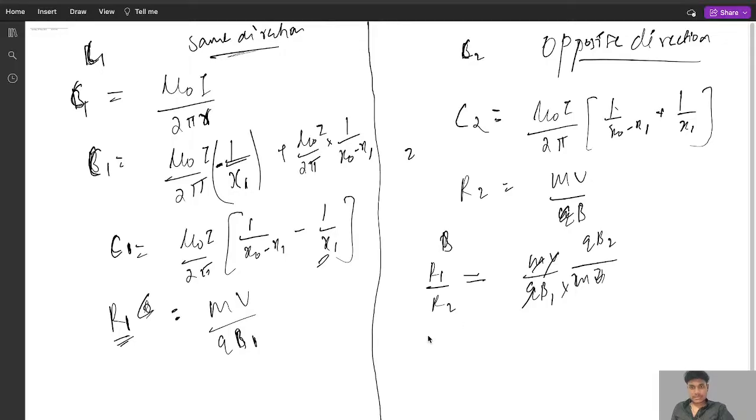This will cancel out and we get R1 by R2 is equal to B2 by B1. Now put the values, let me move to the next page.